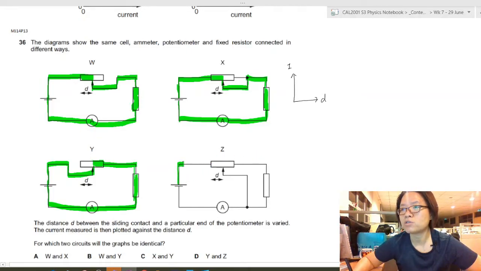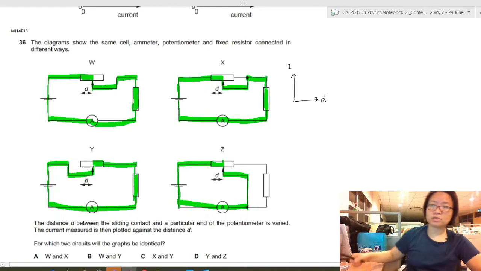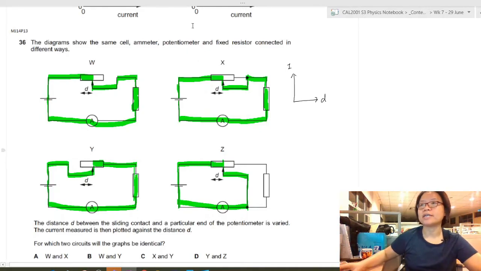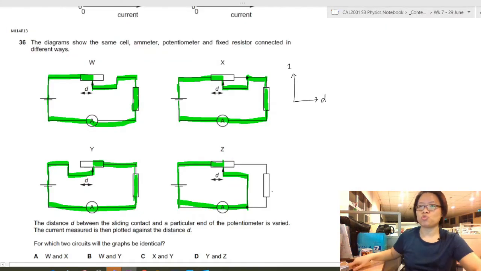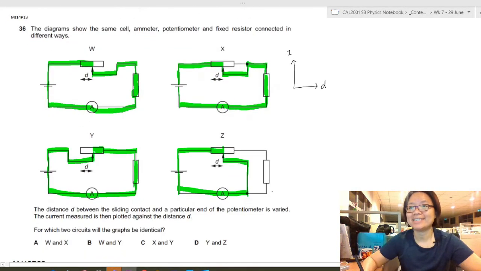This one will pass through the D length of the variable resistor, but unfortunately it doesn't pass through the second resistor before going back. So Y and Z are not identical, W and X are identical. So your answer is A.